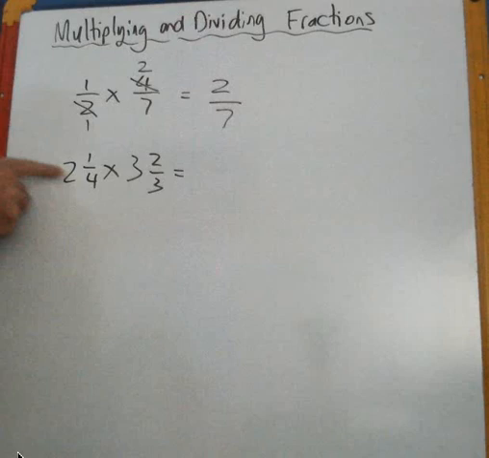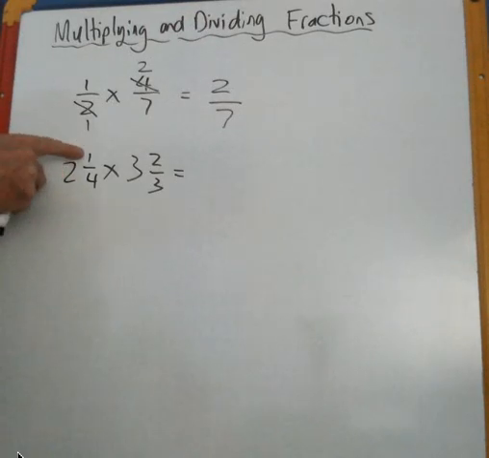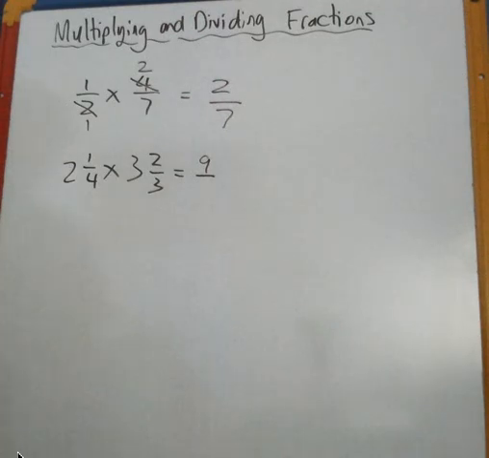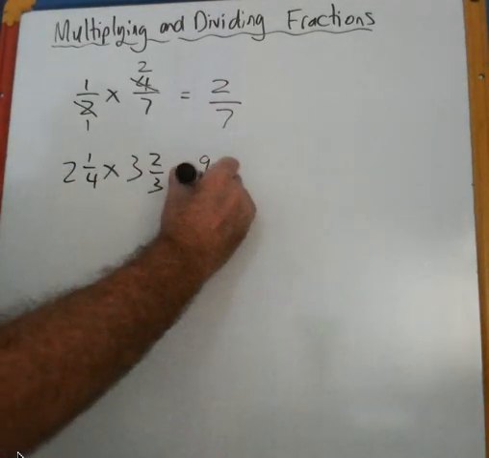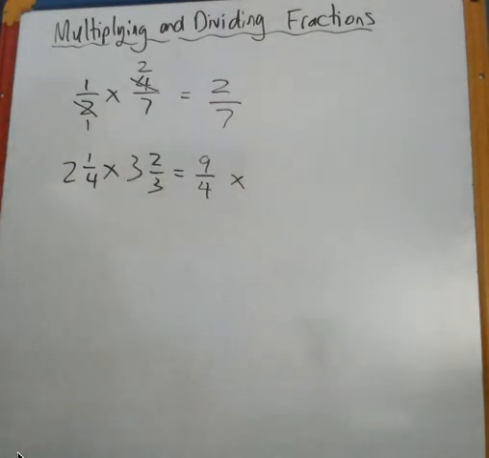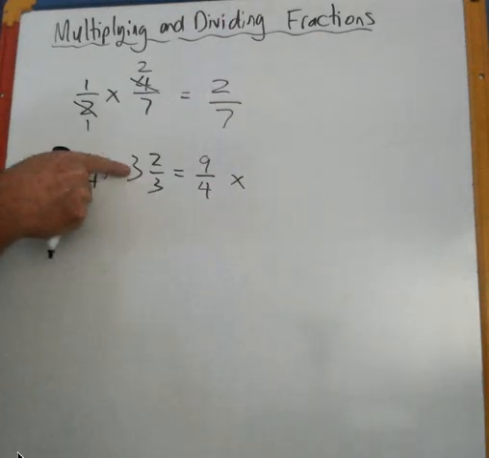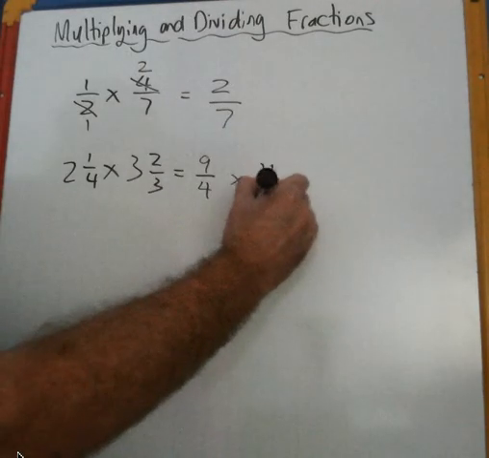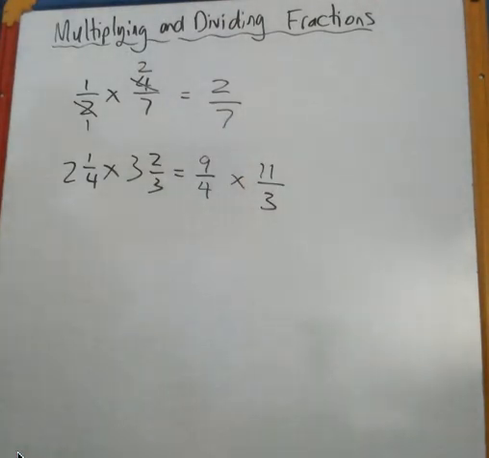So 4 times 2 is 8, plus 1 is 9, over the original denominator, which is 4. Multiplied by 3 times 3 is 9, plus 2 is 11, over the original denominator. So we'll check and see if we can do any cancelling. You can't always, but if you can, then it's much better to do it.